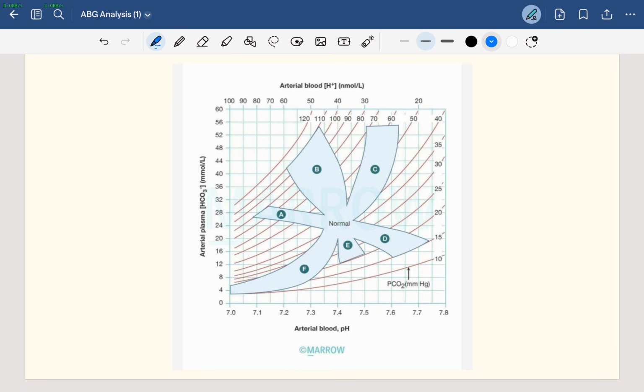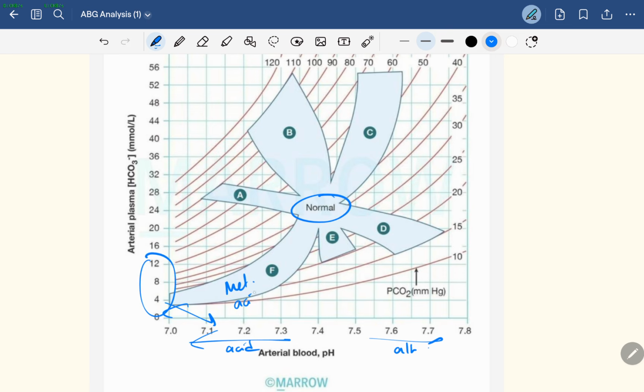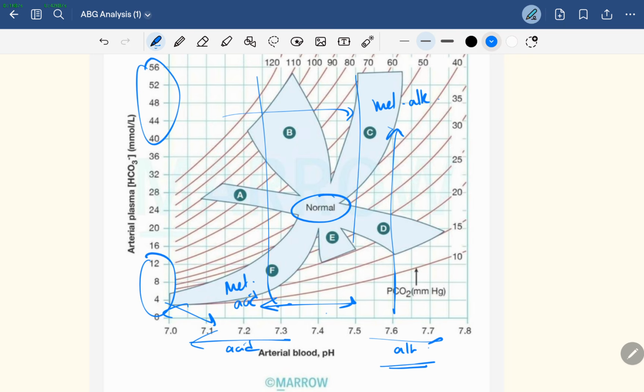Coming back to the question, let's just revise what we've learned. We know that this is normal, and we know that if we go this way, it's acidosis, and this way is alkalosis. If there is a low bicarb with acidosis, this is a metabolic acidosis. A high bicarb with alkalosis is going to be metabolic alkalosis. When you compare with normal, the conditions lying just outside normal are going to be chronic respiratory conditions.